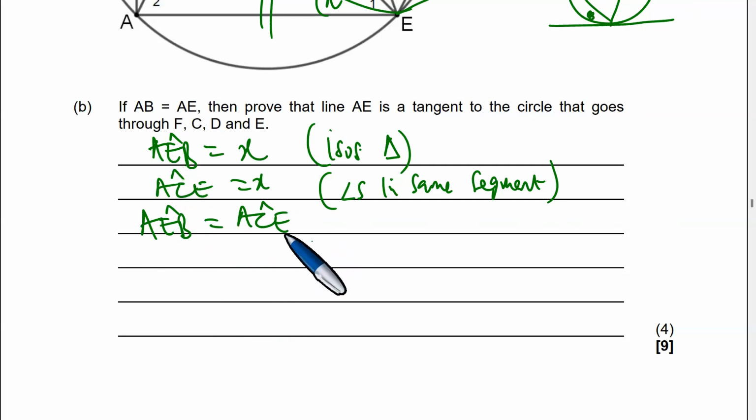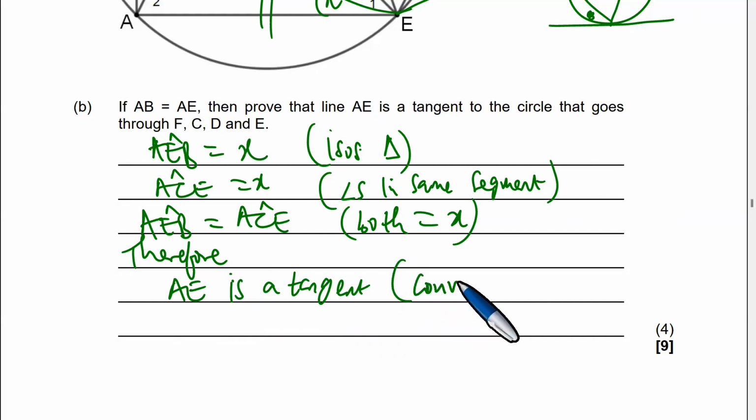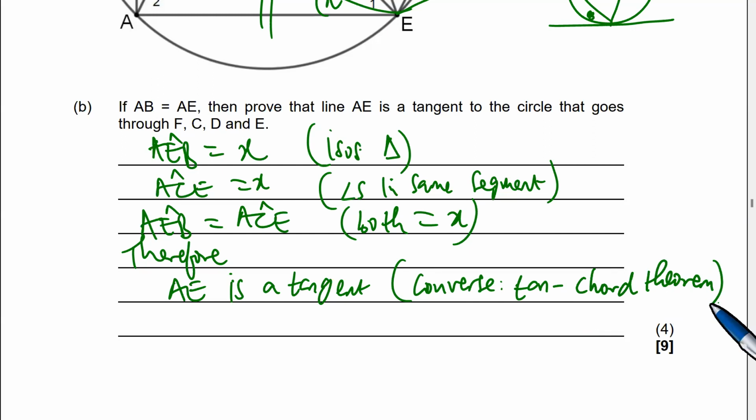Okay, so AEB is equal to ACE because they are both equal to X. Therefore, AE is a tangent. And why is it a tangent? It's a tangent because of the converse of the tan-chord theorem.